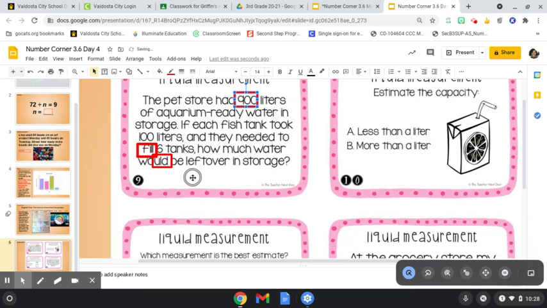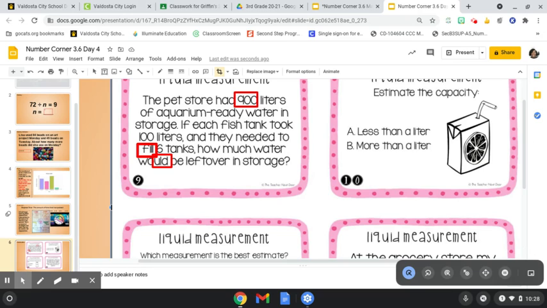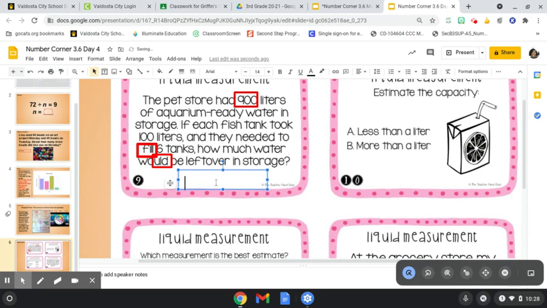All right, so now we can set up a problem. We got 900. Let's see, where did my text box go? All right, get another text box. So we have 900 minus 100 times 6, which would be 900 minus 600.